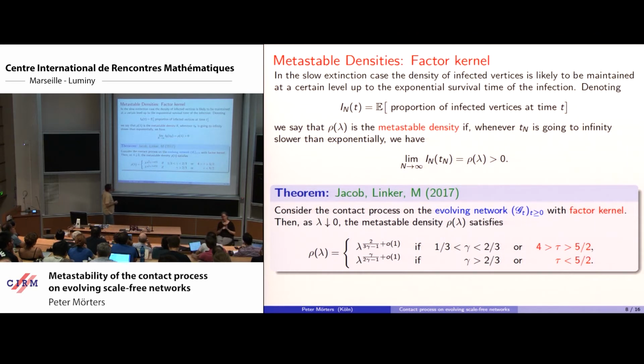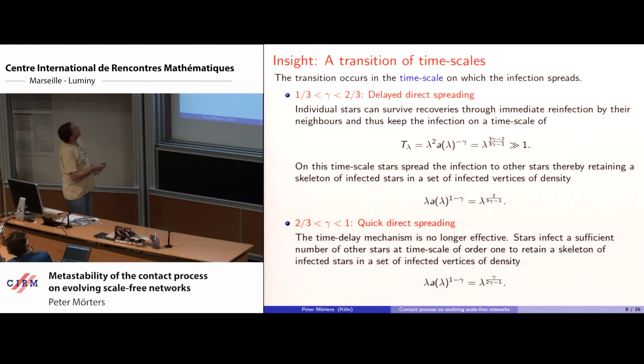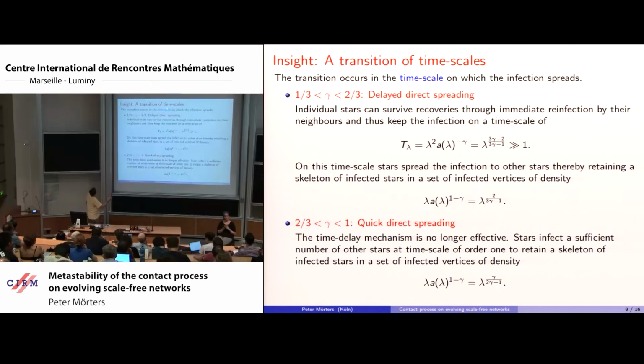Maybe these numbers don't matter so much, but what you see is a difference occurring when tau passes the value 5/2. And that corresponds to a change in the strategy which is sort of optimal for the infection to survive. And this, if you look at it, corresponds to what I've explained before. So there are the 2 strategies that you can have.